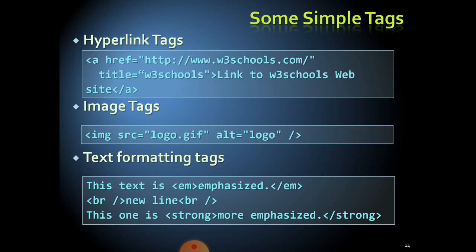If you give this w3schools.com, then when you click there, our HTML page automatically links to the other w3schools.com page. Directly we can go to that particular page, verify the data, and come back to our HTML page.